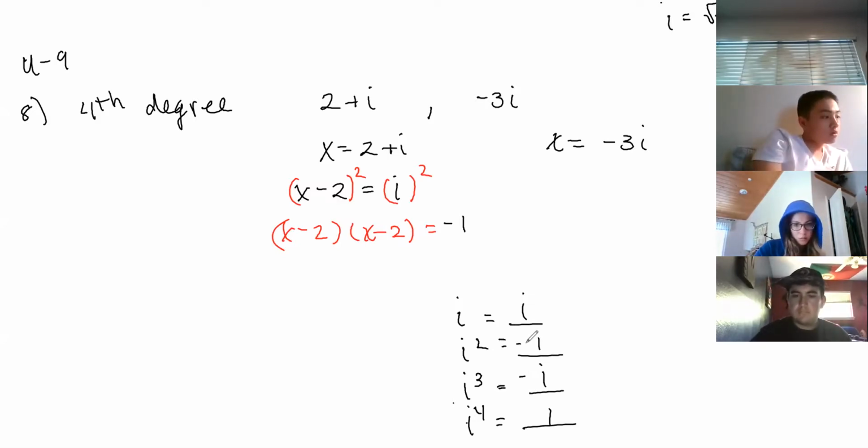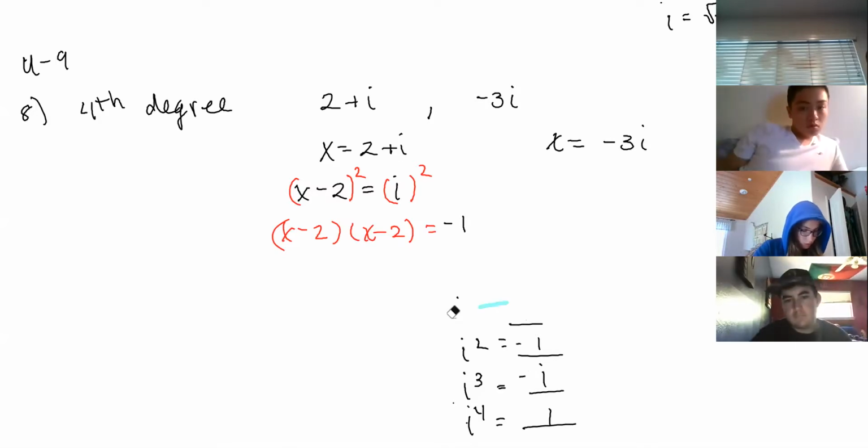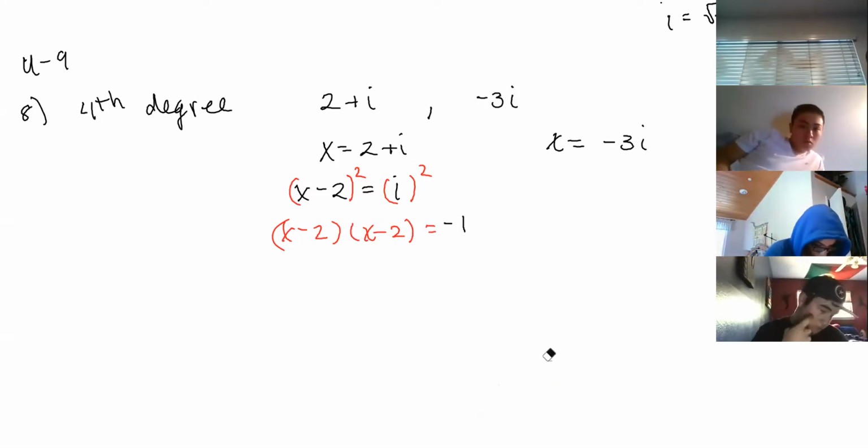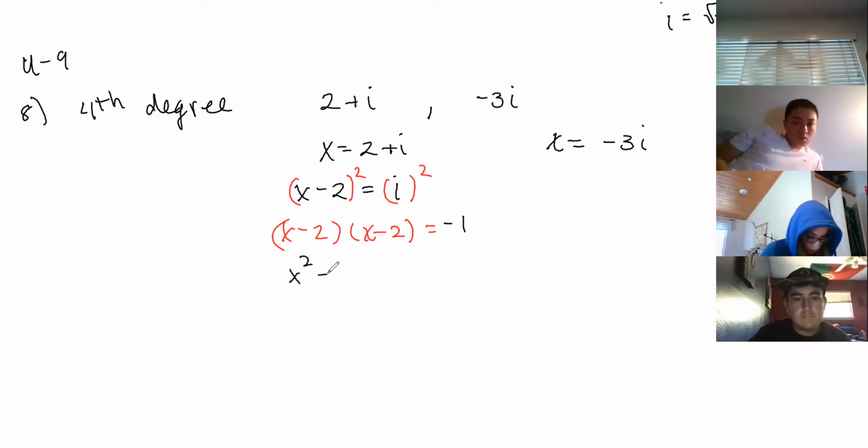And then you double distribute. When you double distribute, what does that give you? x squared minus 2x minus 2x is minus 4x, plus 4.